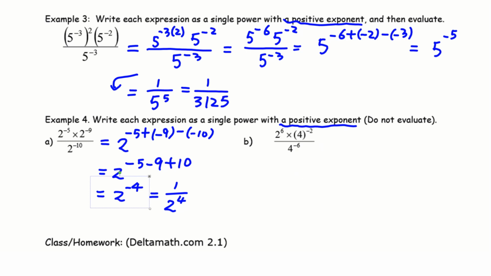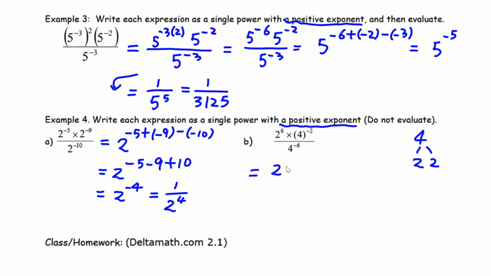And the next one, it doesn't have the same base. We want to change everything to the smallest base. So 2 and 4, we want to change the 4 to base 2. So 4 divided by 2 gives you 2, so 4 equals 2 squared. Then we are going to convert it.